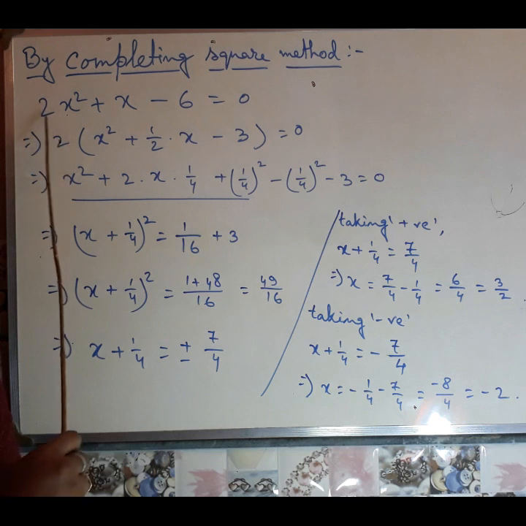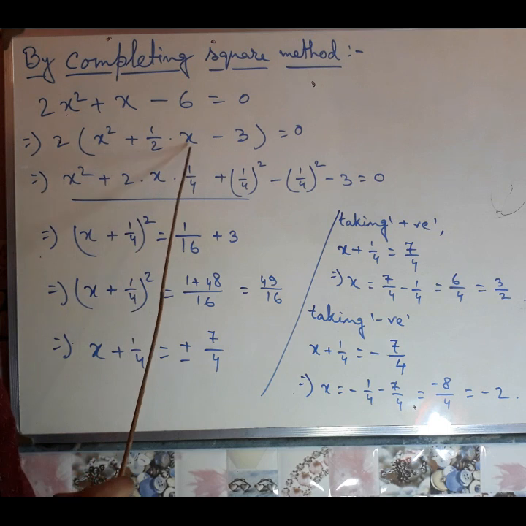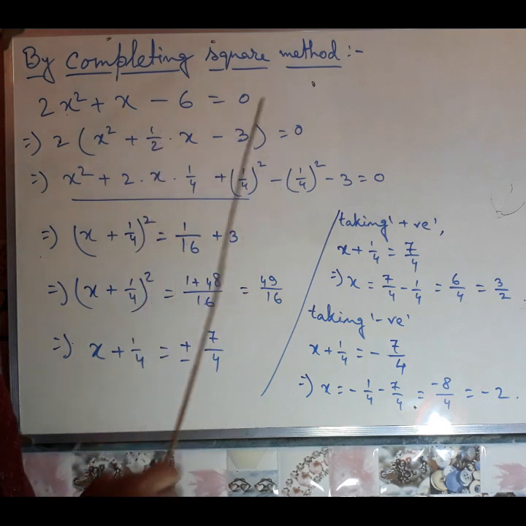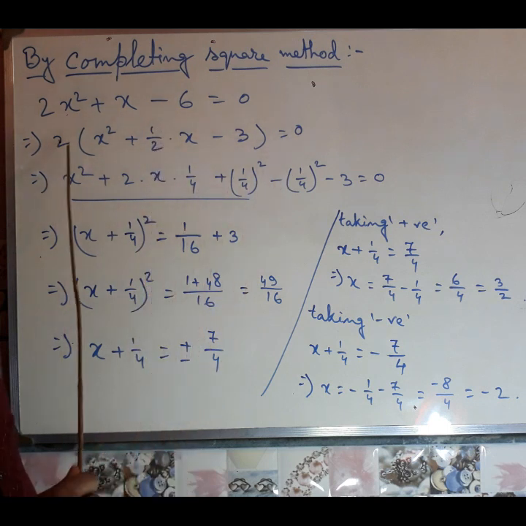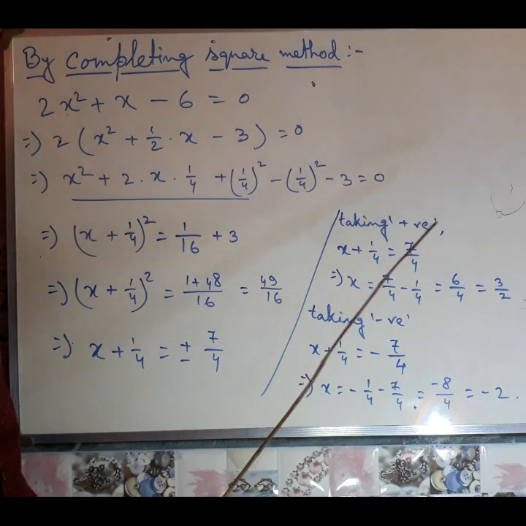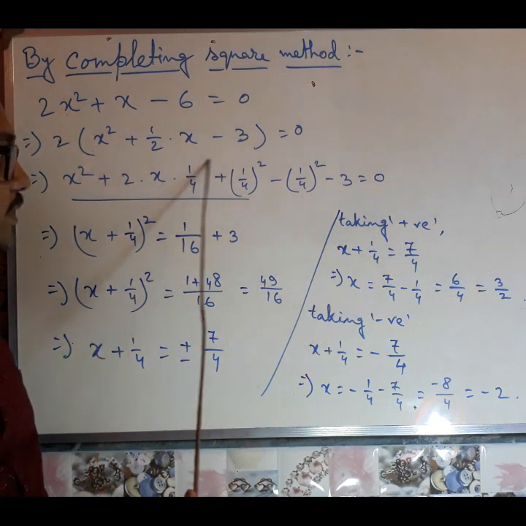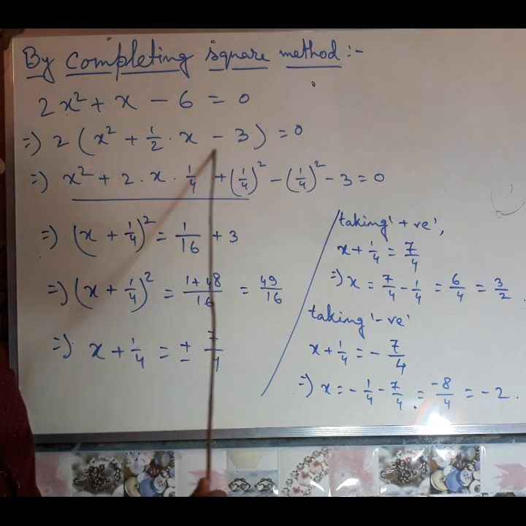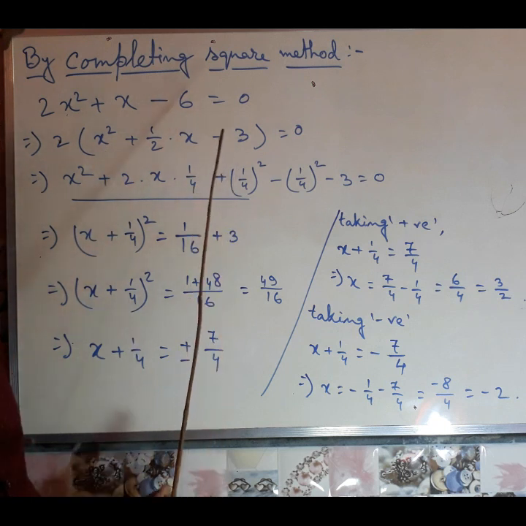So, taking this 2 common, what we will get? x square plus half of x minus 3 is equal to 0. Changing the side of 2, that is, change this 2 to the right hand side, 0 by 2 will become 0. Now, you are to convert the left hand side inside this bracket into a whole square form.